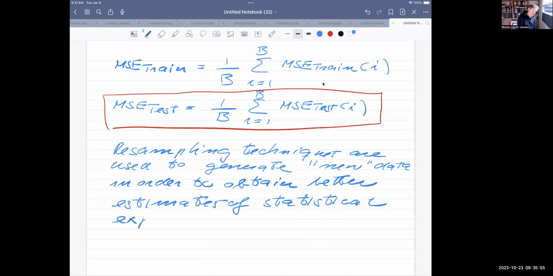And the mean squared error is one of them. Now let me just rewrite this one. There are many such methods, and the simplest one to implement is actually the bootstrap method.